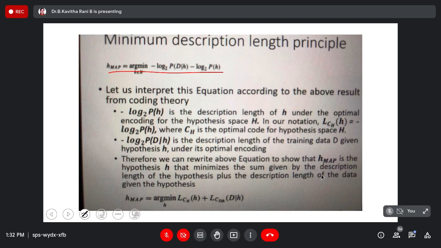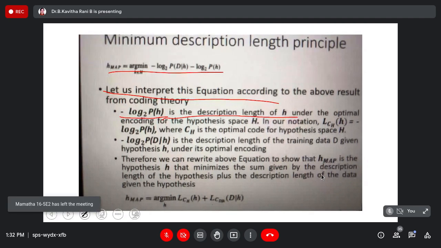For that, let us consider this equation. Minus log2 P(h) is the description length of h. That means, to reduce the length of the hypothesis and make its description as simple as possible, we use minus log2 P(h).